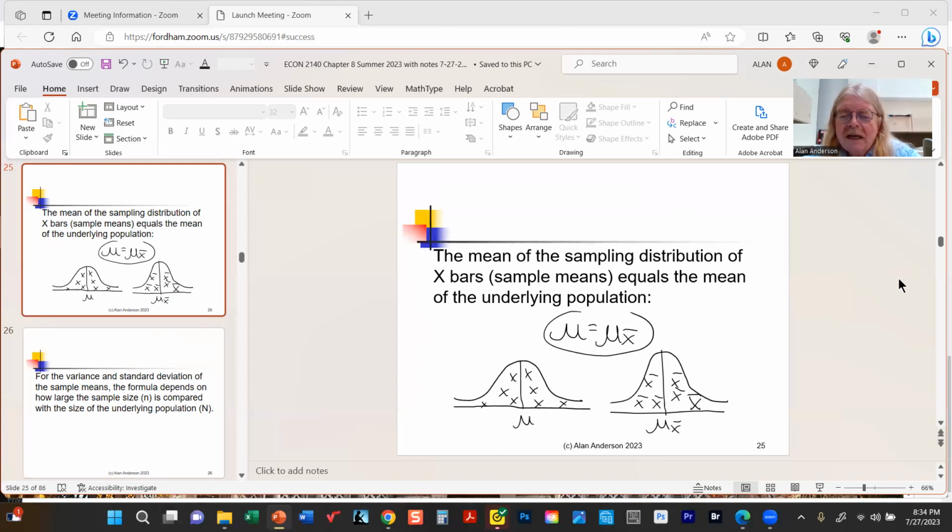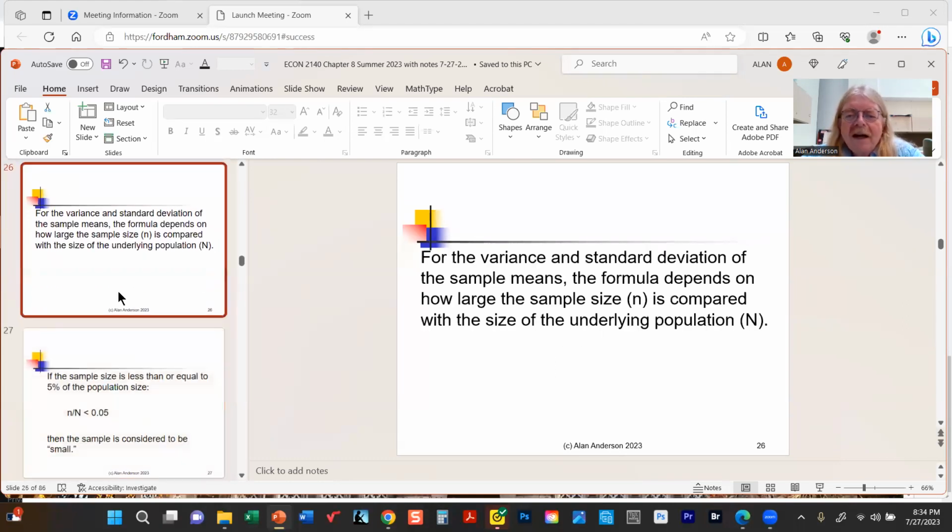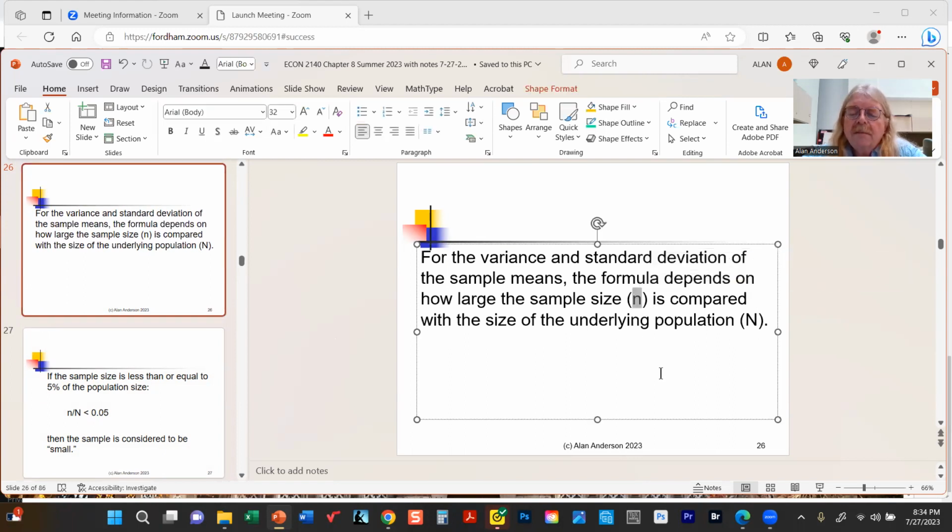The next ones are not so easy, because the sampling distribution of X bar will tend to have a smaller variance and standard deviation than the X's themselves. For the first time, we need to compare the sample size with the underlying population. And by the way, we mentioned earlier in the course that we make a distinction between the sample size, lowercase n, and the population size, capital N, because sometimes both of these occur in the same formula. Well, now we're going to see that. So for the first time, they will both appear together.